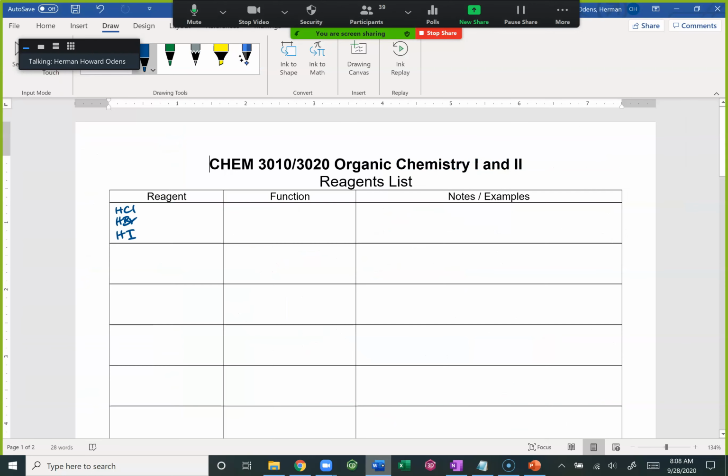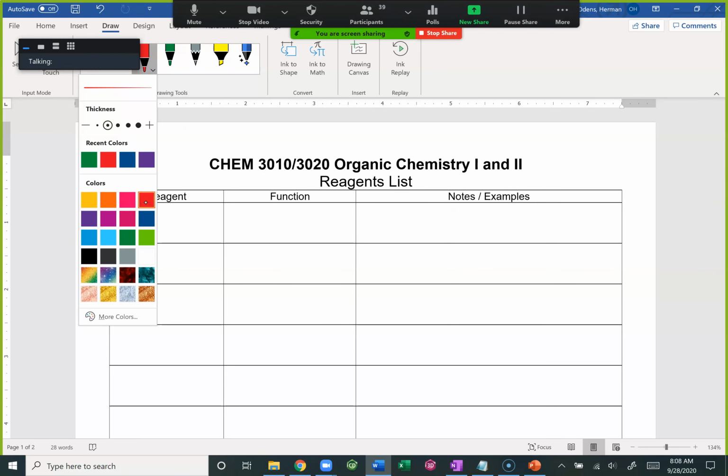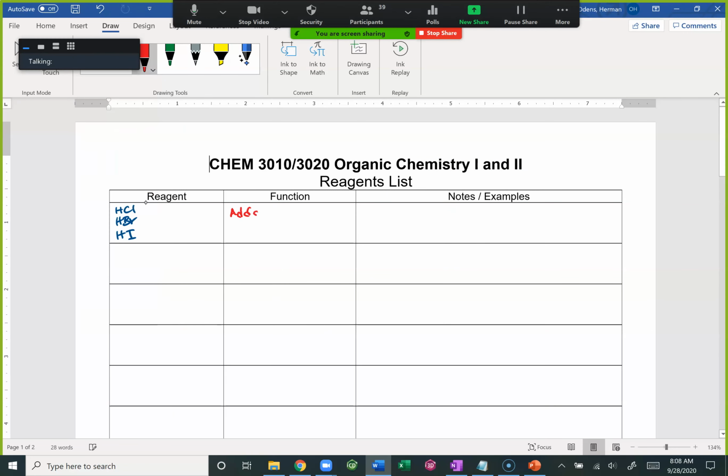So write that down. This reaction adds a proton and a halogen. You can say X for halogen.